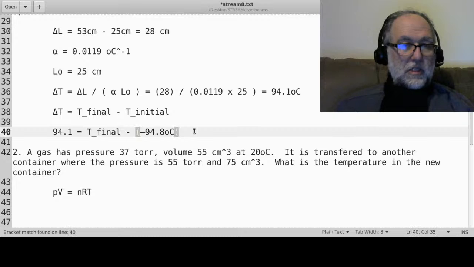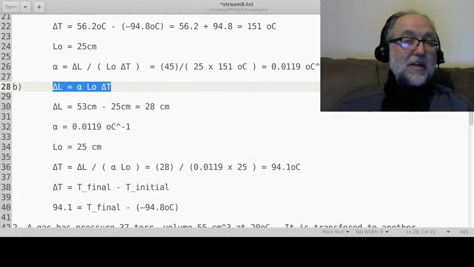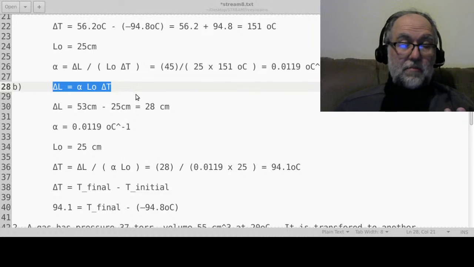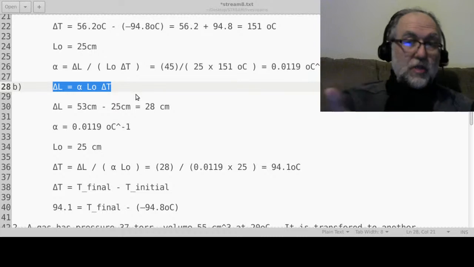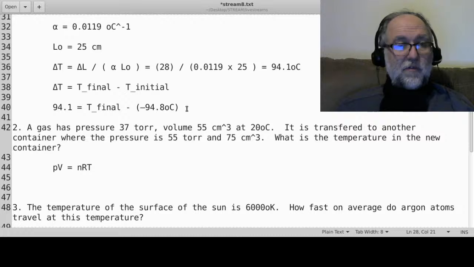So you can see that what this formula gives you is not the final temperature. It's the change in temperature. Once you have the change in temperature and you know where you started, you add the change in temperature to get the final temperature. That's a mistake that's made, so let's be careful with that.